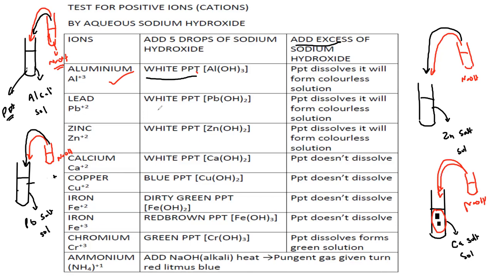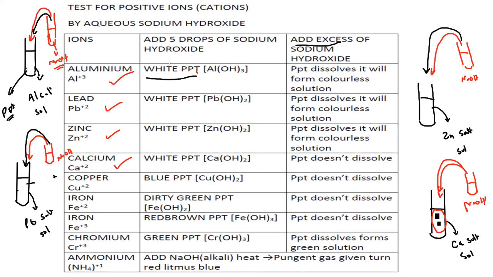Is it clear? The first four: aluminium, lead, zinc, and calcium. So you have to learn both things: the observation with 5 drops and the observation in excess. In the exam, they can give you both ways. They can give you a salt and ask, adding sodium hydroxide 5 drops and in excess, what will be the observation? Or it can be the other way around.